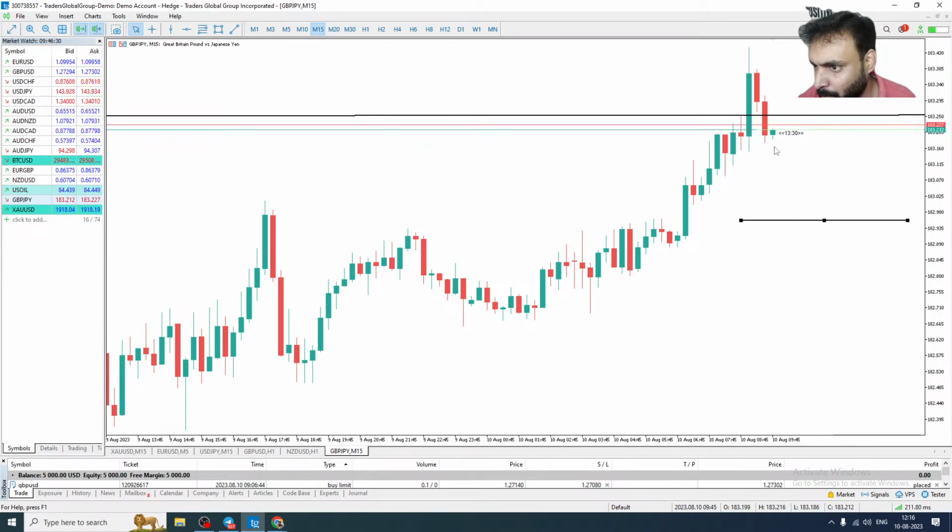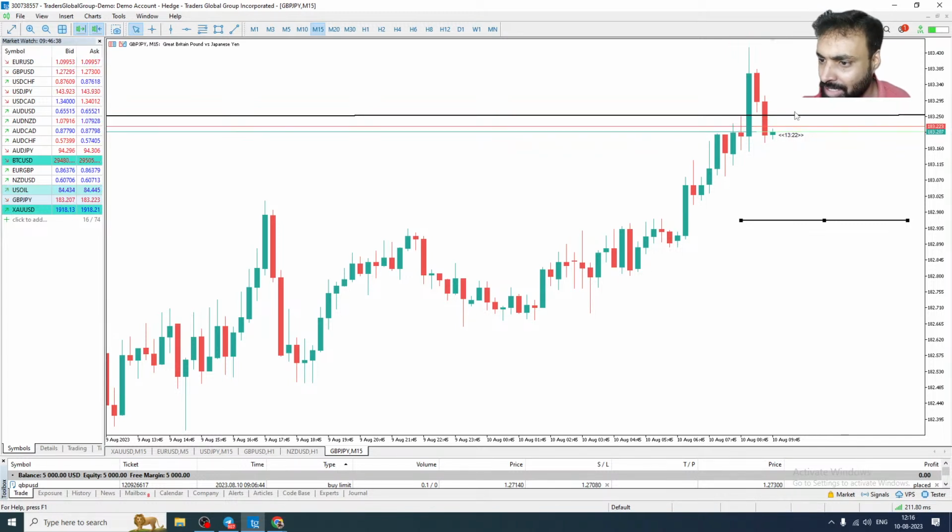So we want to see this swing low break and retest, or break and mitigation. When that happens, we can sell here and target this low.